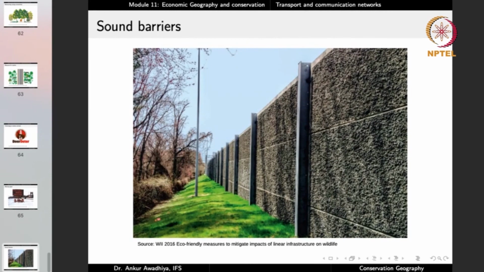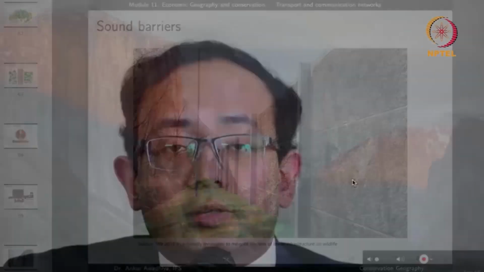Use sound barriers, because if there is a lot of barrier effect because of large amounts of sound, we can install certain sound barriers. They are very important, especially when we are trying to construct a bridge underpass or a culvert underpass, such as a box culvert or a pipe culvert.